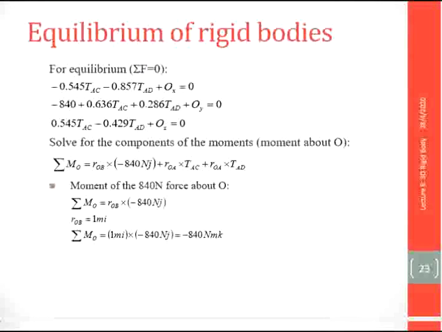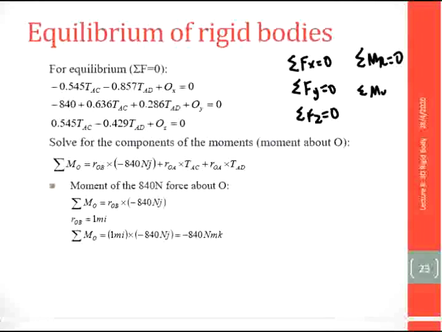And for equilibrium, we have the summation of Fx equals 0, summation of Fy equals 0, summation of Fz equals 0, and summation of Mx equals 0, summation of My equals 0, summation of Mz equals 0. This is the condition for equilibrium of a rigid body in 3D.